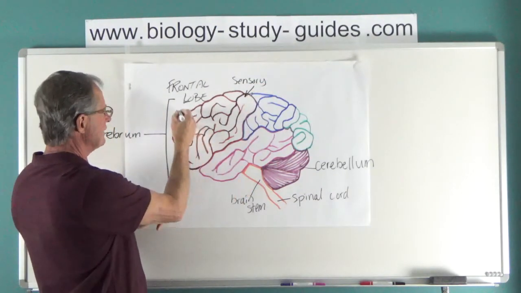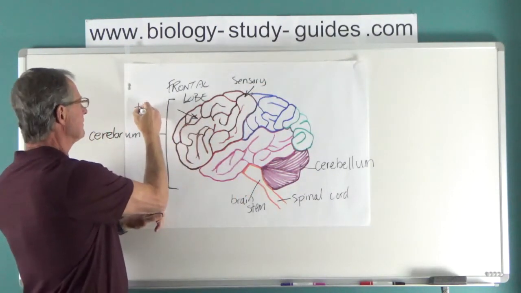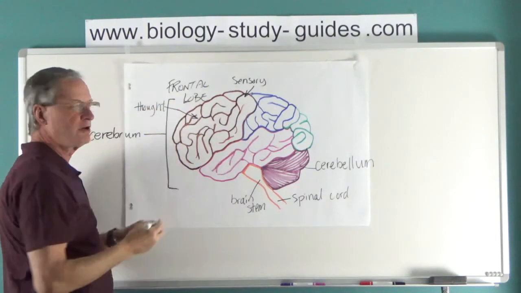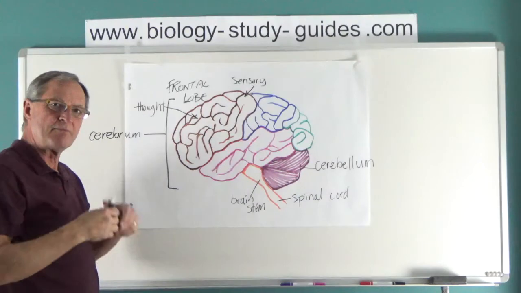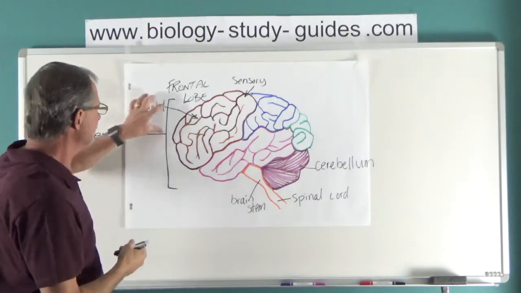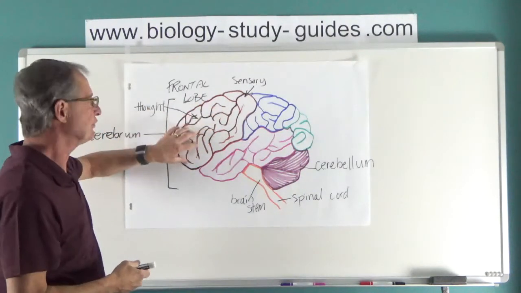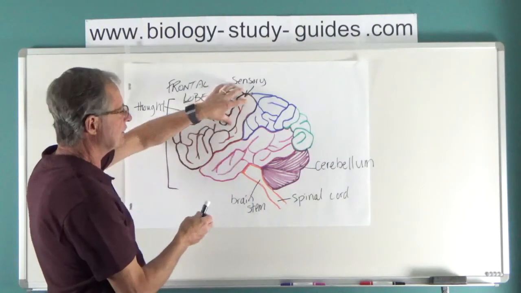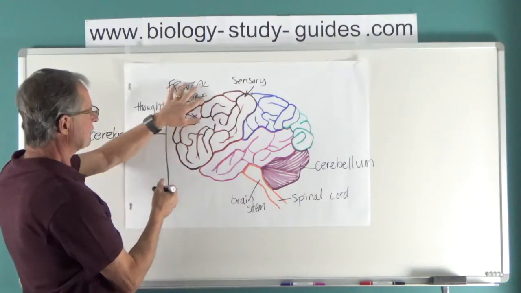Integrated thought occurs in here. If you were doing math calculations in your head, this would be the part of the brain that's active. Sensory area, so impulses come in from outside and go to here, that's the frontal lobe.